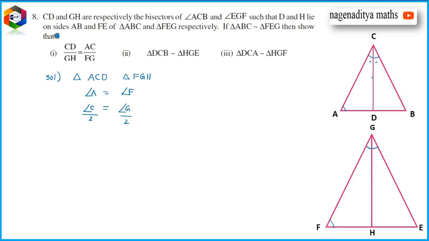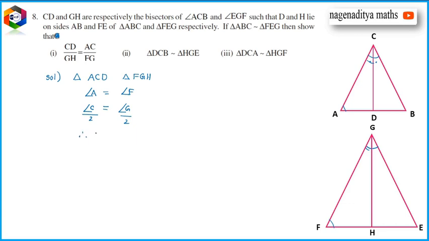Angle C by 2 means this angle, and angle G by 2 means this one, because GH is the angular bisector of angle FGE. So in both triangles angle A is equal to angle F and angle C by 2 is equal to angle G by 2. So automatically in these two triangles the corresponding two angles are equal, hence the two triangles must be similar.